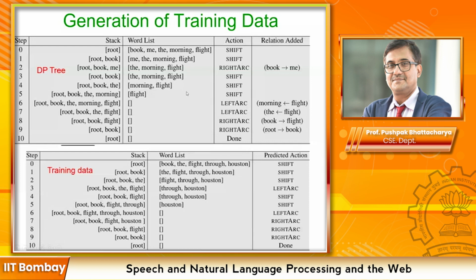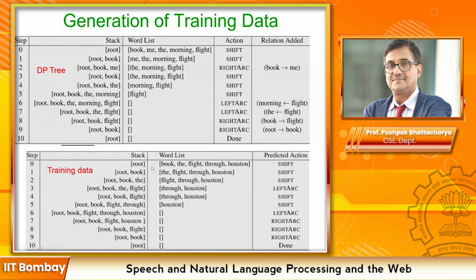The training data has predicted action as the last column, unlike relations added in the last column for the parsing process. So the dependency parsing on the test sentence has the last column as relations, whereas the training data table has the last column as predicted action.